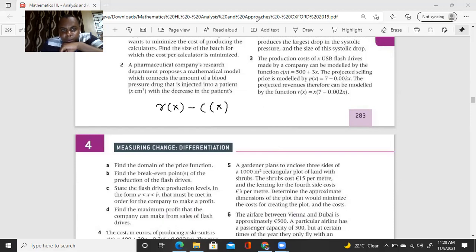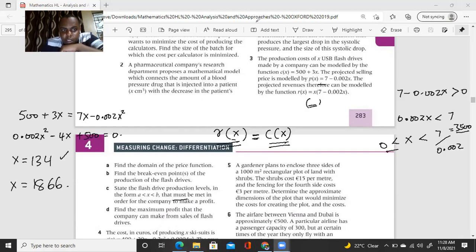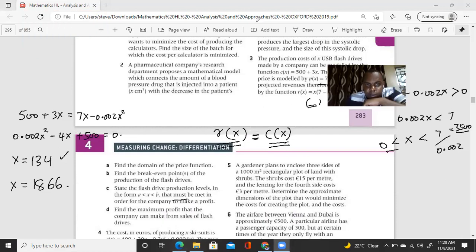It's going to be the same equation. Remember for B, we equated Rx to Cx, right? So for C, the revenue has to be greater than the cost, right?